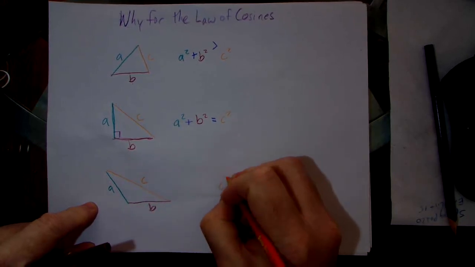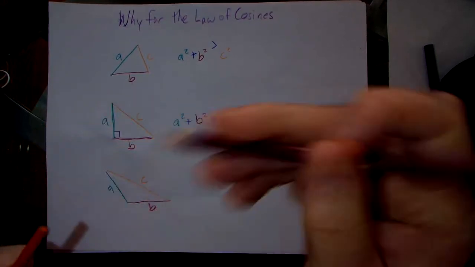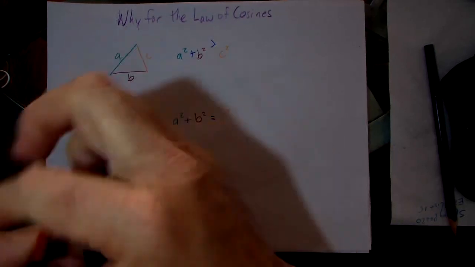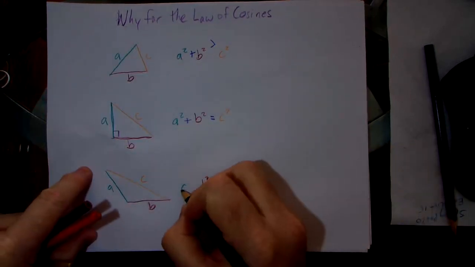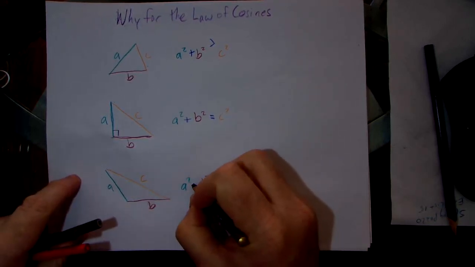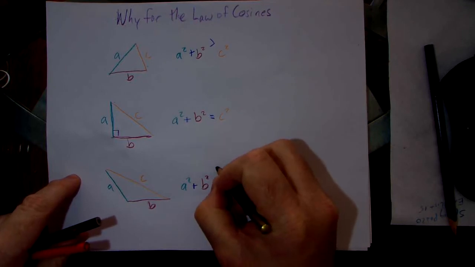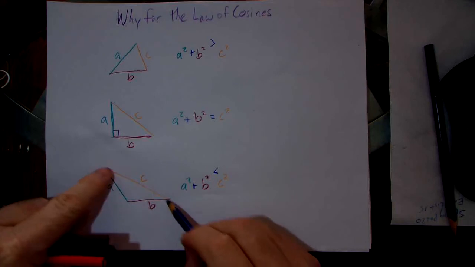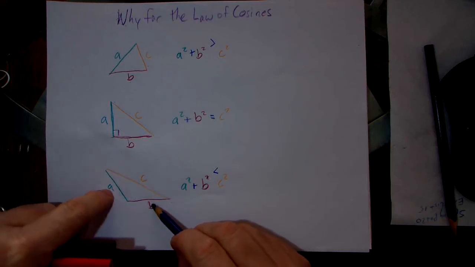When you look at the relationship here, it should be pretty clear that the sum of the squares of A and B is now going to be smaller than the square of C, because the side is so much bigger now, whereas A and B stay the same.